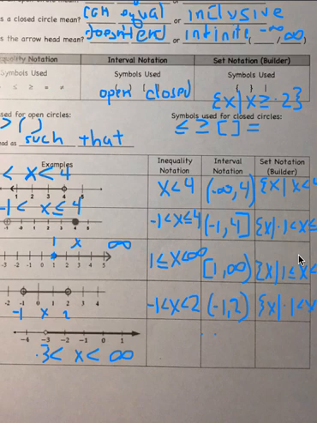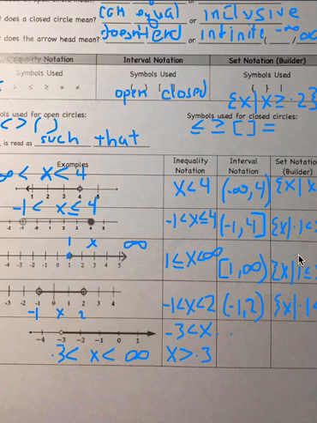You can just say -3 is less than x, or I would rather write x is greater than -3, because I think we're used to seeing the x or the variable listed first when there's just a variable and a number.